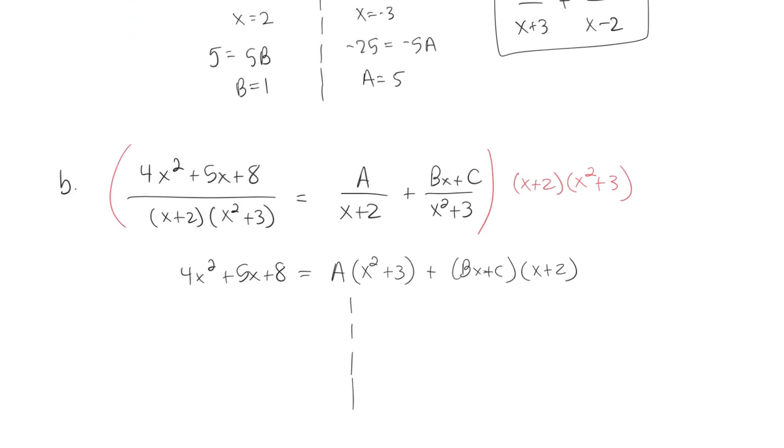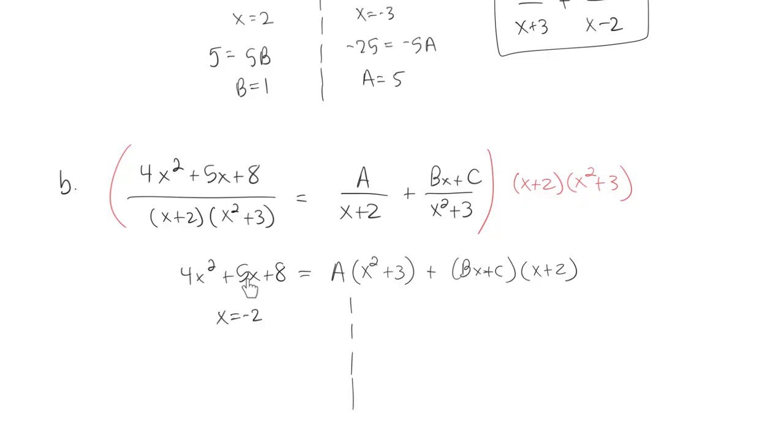A tiny bit different now in how we proceed with this one, since we have this irreducible quadratic expression. We still have at least one convenient value for x, and that's x equals -2. -2 squared is 4, times 4 is 16, 5 times -2 is -10.